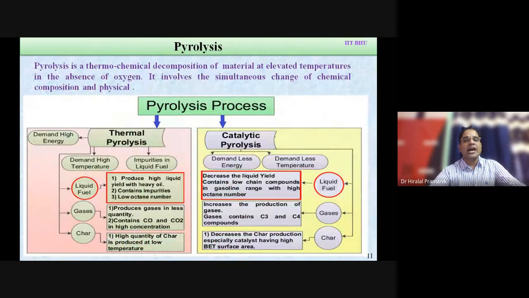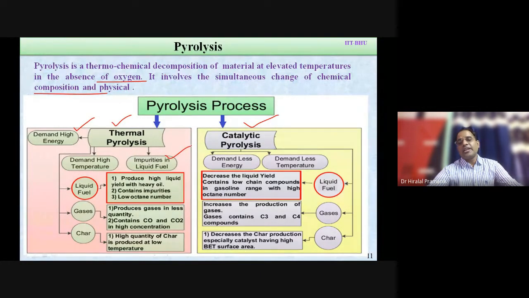Pyrolysis is thermochemical decomposition of material at elevated temperature in the absence of oxygen. It involves simultaneous change of chemical composition and physical state as well. There are two types of pyrolysis, thermal and catalytic. Thermal pyrolysis needs only high temperature, no catalyst is required, but the temperature required is very, very high.